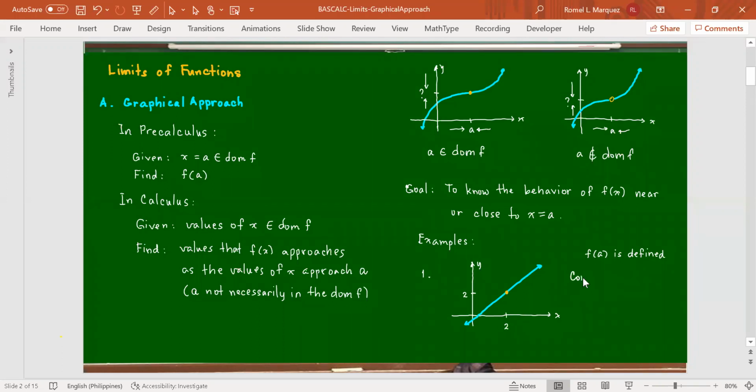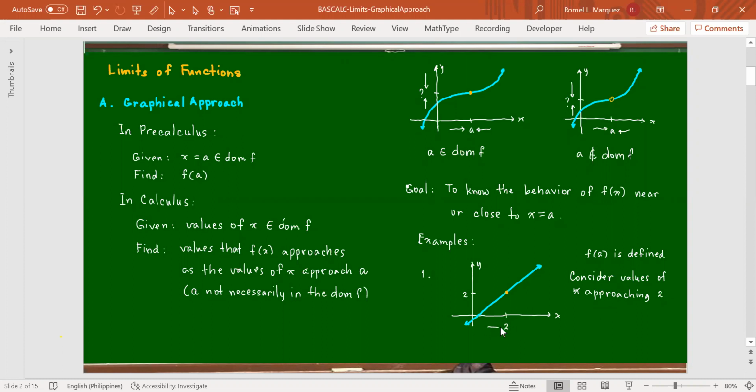So consider values of x approaching this number 2. So that is the value of x.